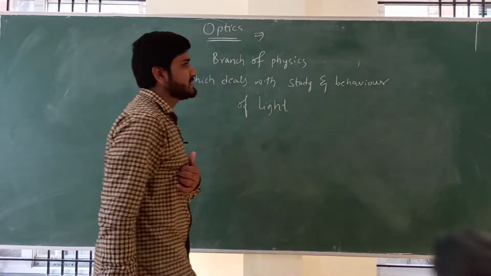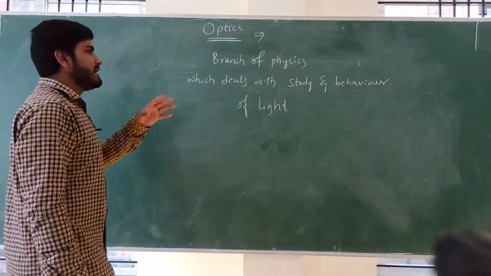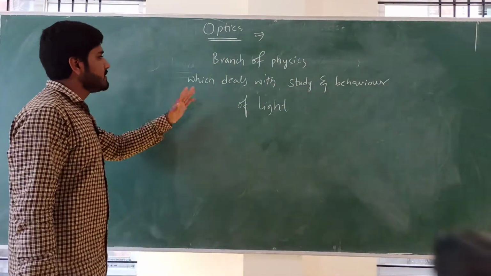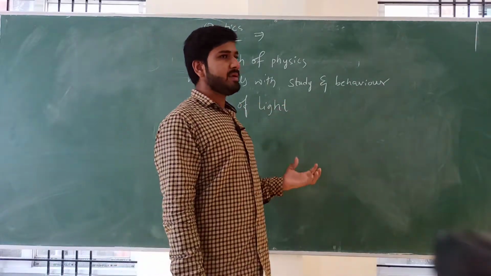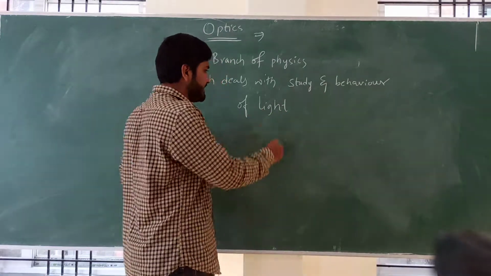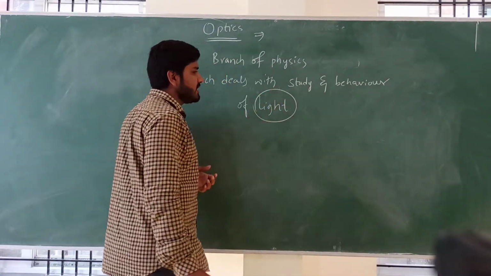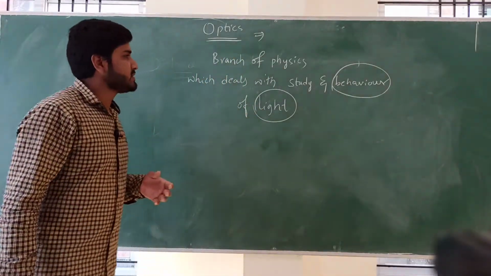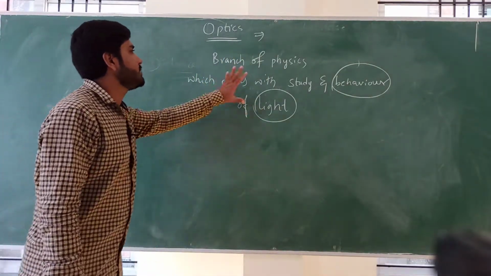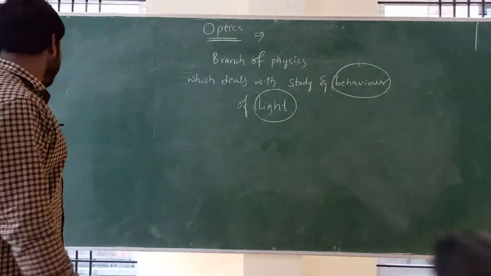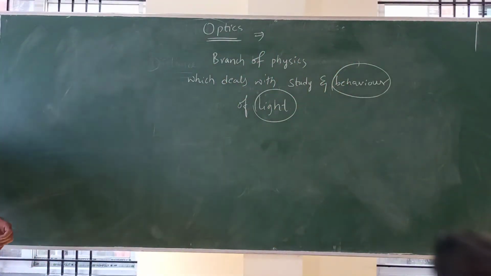What do we study in optics? Optics is a branch of physics which deals with the study and behavior of light. Means we study the light here. So that is nothing but optics. So this is the general definition of optics.